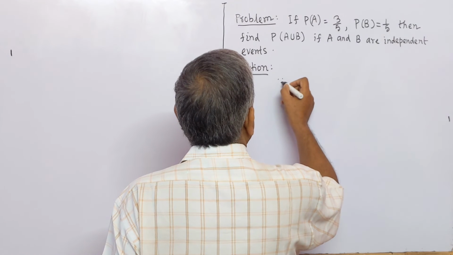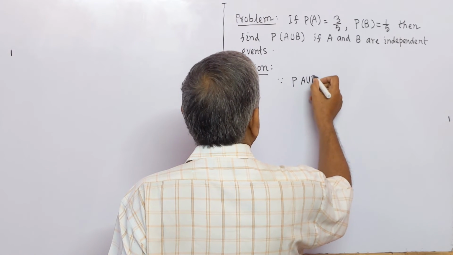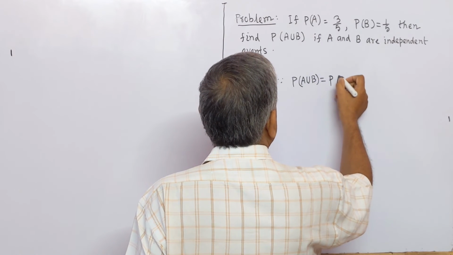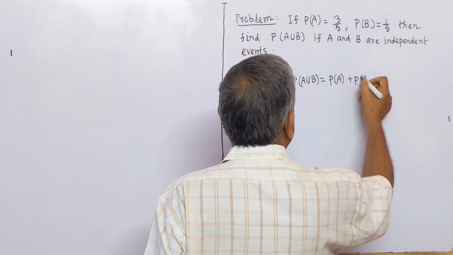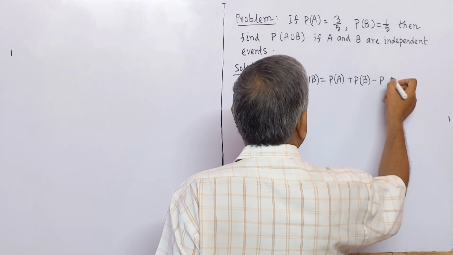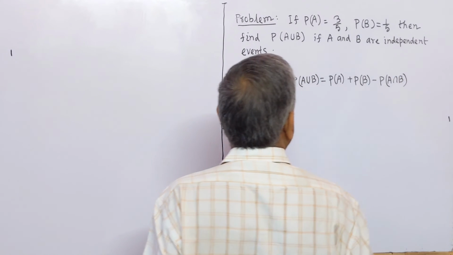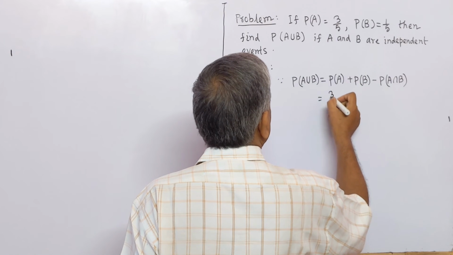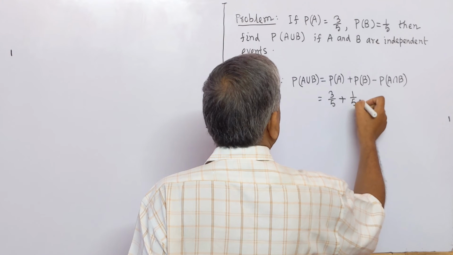Since we know that P of A union B equal to PA plus PB minus P of A intersect B, and PA is 3 by 5, PB is 1 by 5.